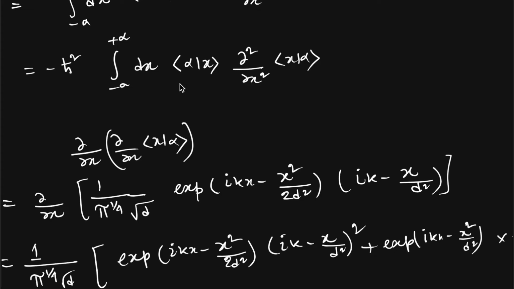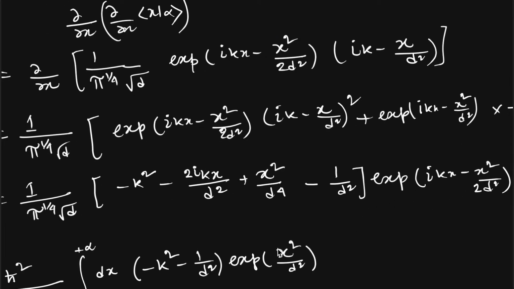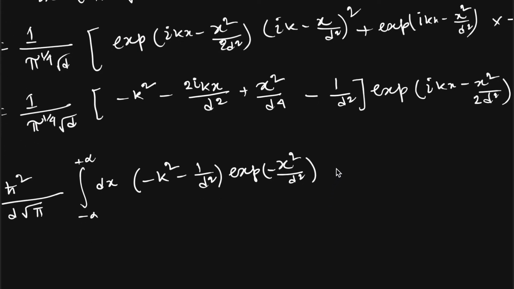Since we multiply alpha x, means x alpha star, with this, that's why minus x square by d square.